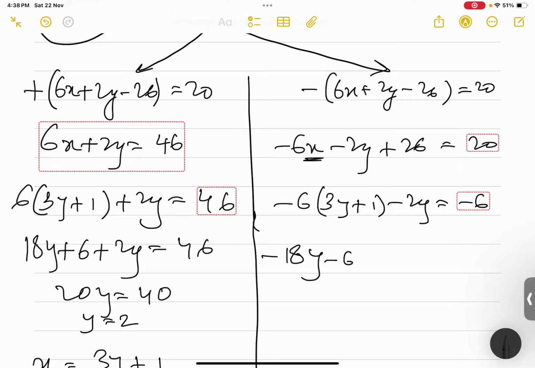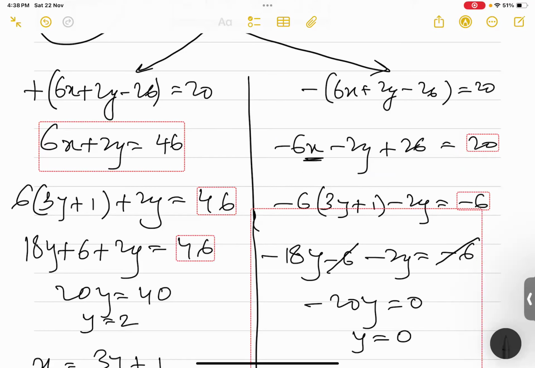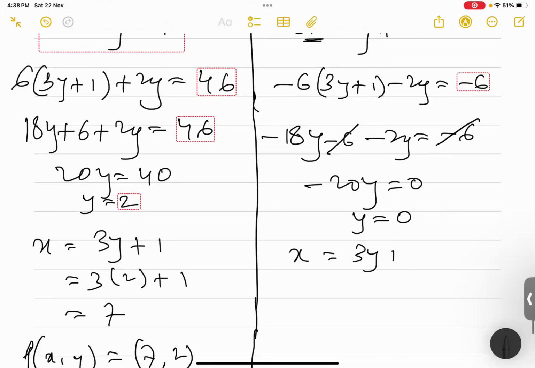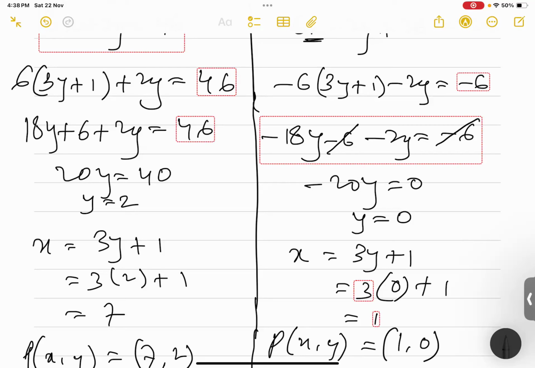Minus 18y minus 6 minus 2y is equal to minus 6. Minus 6 and 6 gone. Minus 20y equal to 0, y is equal to 0. And if y is equal to 0, x is equal to 3y plus 1, 3 into 0 plus 1, which is 1. The other possibility of P (x, y) is (1, 0).